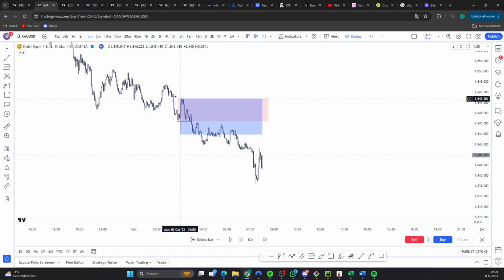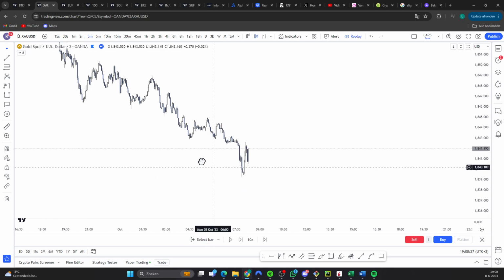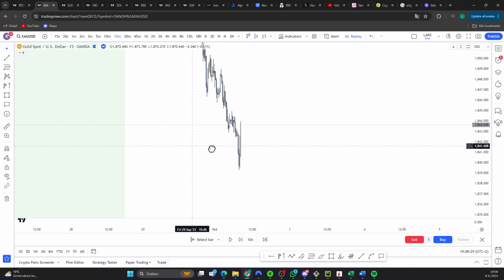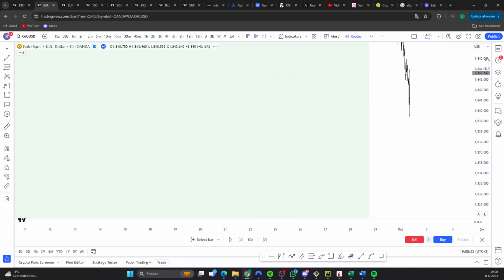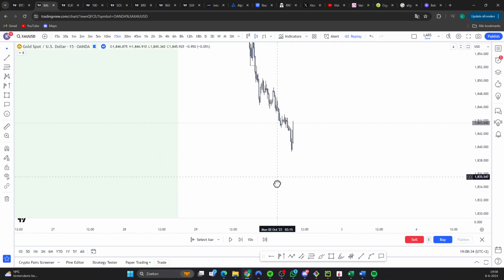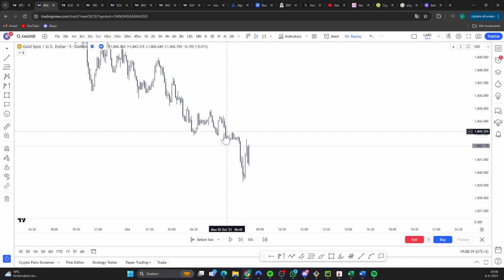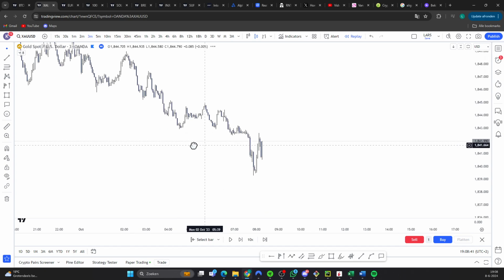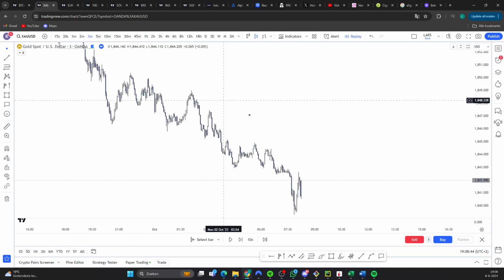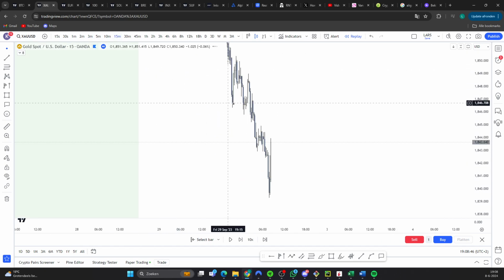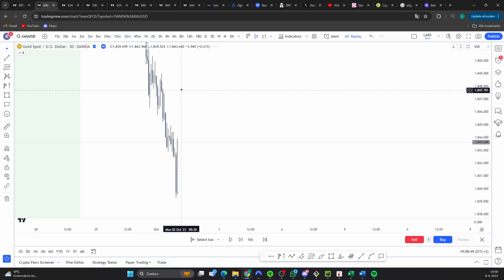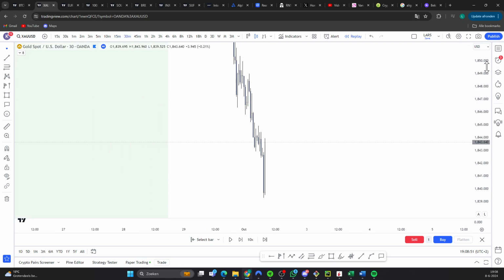Okay, now we're getting closer to London Open. Checking for some resistances above us.